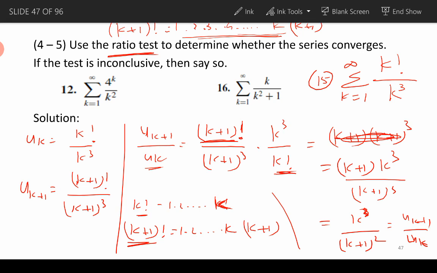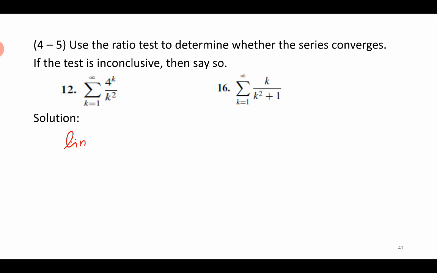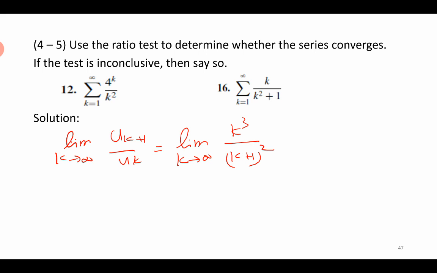So the limit as k goes to infinity of u_(k+1) over u_k is k cubed over (k+1) whole squared, and the degree of k is more in the numerator, so it will be plus infinity. Therefore the given series diverges. That's it, isn't it?